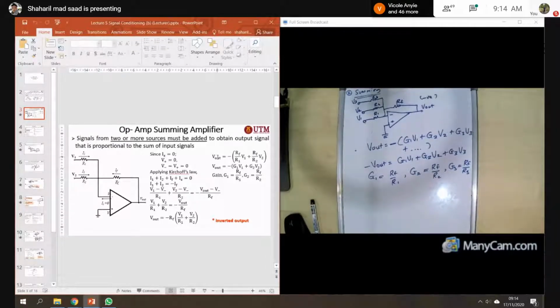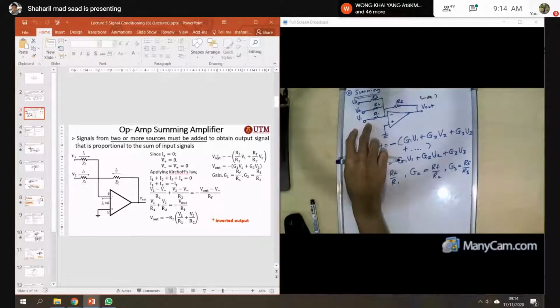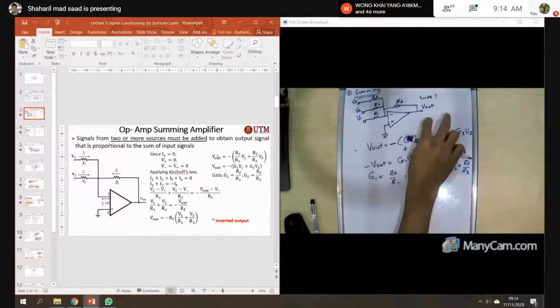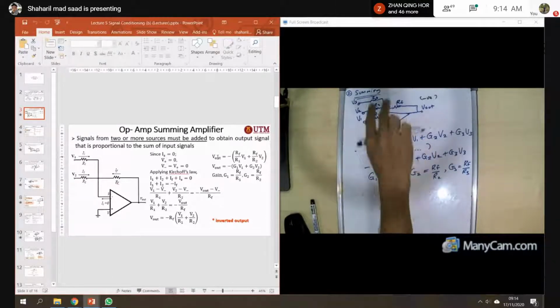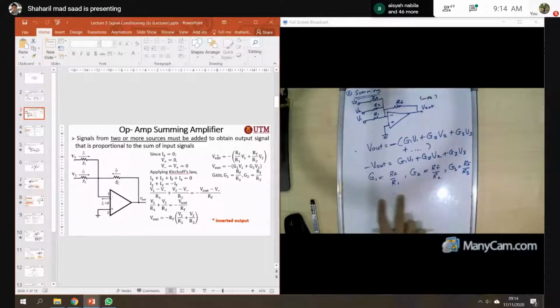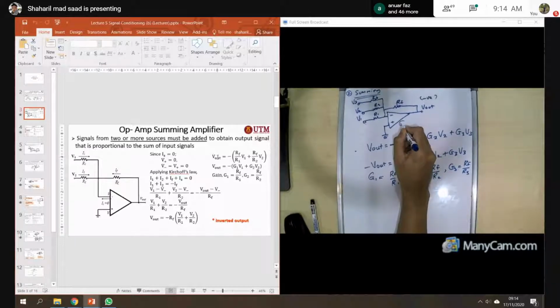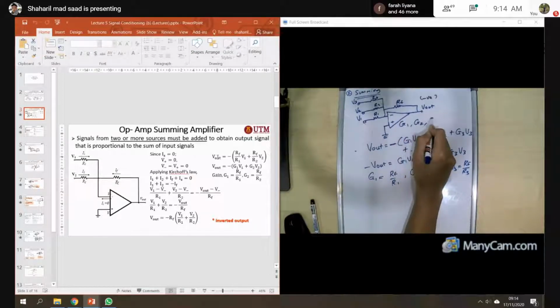So sometimes maybe your mic has some problem at the output, so in terms of this gain we can adjust it. So G1, G2, and G3: in this summing circuit, it has gain G1, gain G2, and also gain G3.